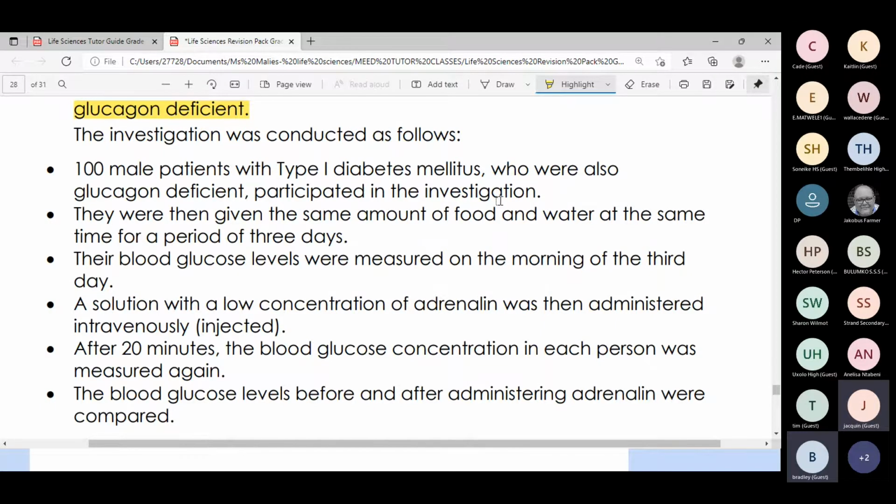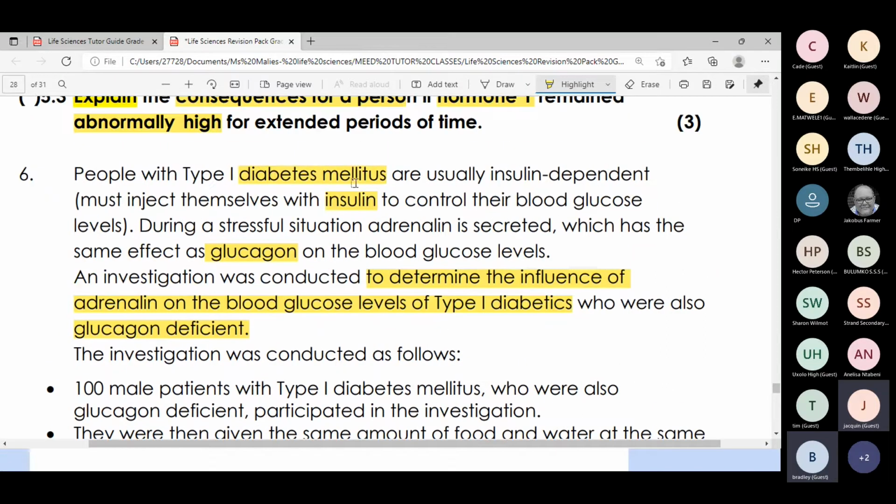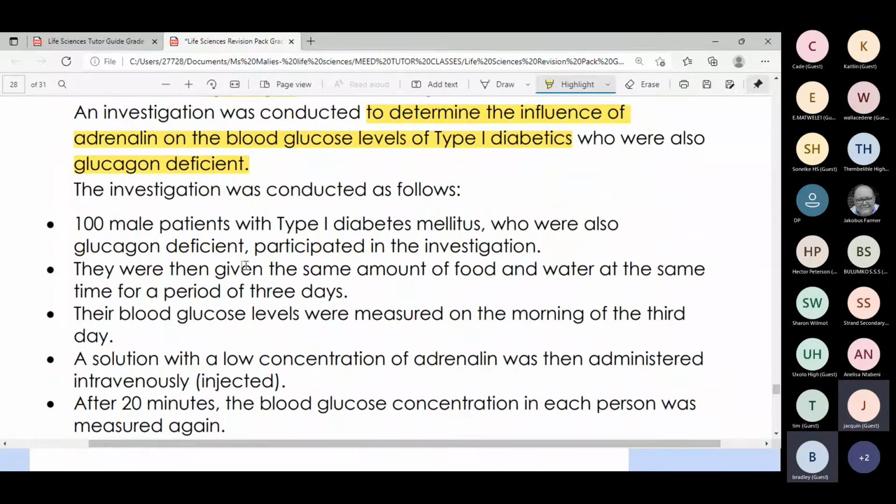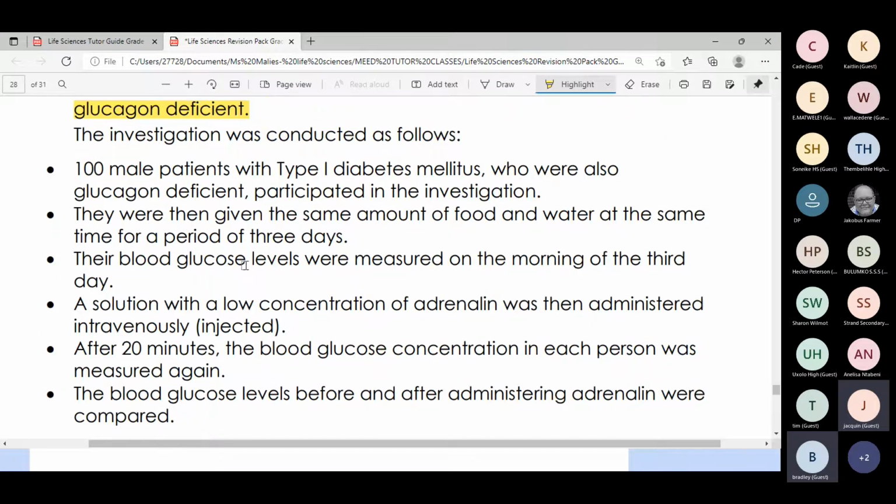Now, grade 12s, listen. Insulin and glucagon are the two hormones. Glucose and glycogen are the sugars. The second bullet: they were then given the same amount of food and water. When I'm busy with a scientific investigation, when there is the same amount, these are our controls, our fixed variables.